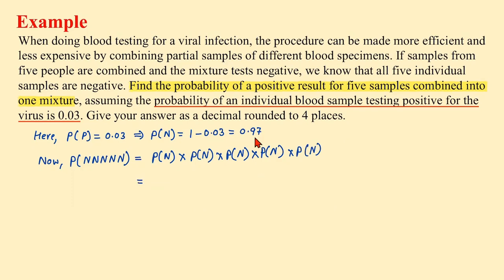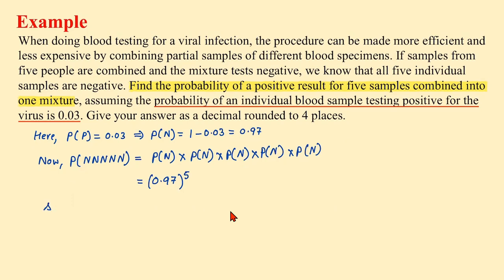The probability of a negative result is 0.97, and we are multiplying that 5 times, which can be written as 0.97 raised to 5. So that is the probability that all 5 of them will be negative.